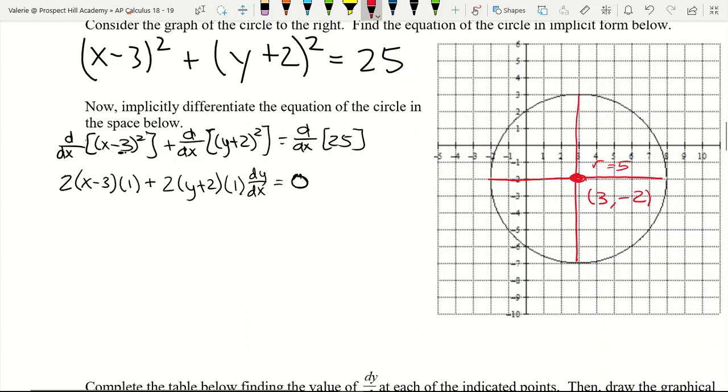So our goal is to get the dy/dx alone. So we're going to move what we can over to the right side. So we'll have (2y plus 2) dy/dx equals negative 2(x minus 3). And then we'll divide by 2y plus 2.